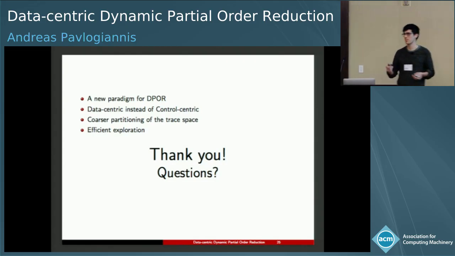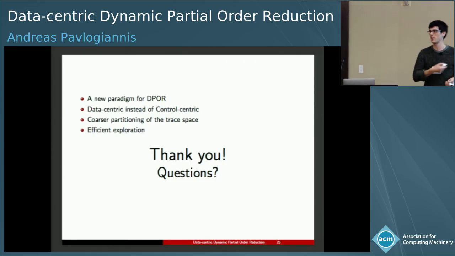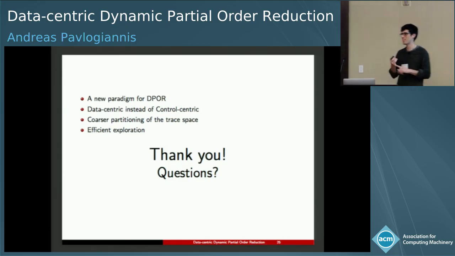And this coarser partitioning actually reduces the problem to one where you have an acyclic architecture. So our solution goes through acyclic architectures. This is another important reason why they're part of my presentation.